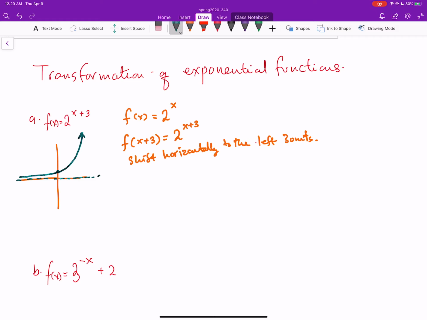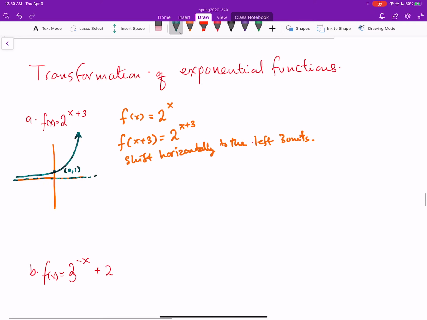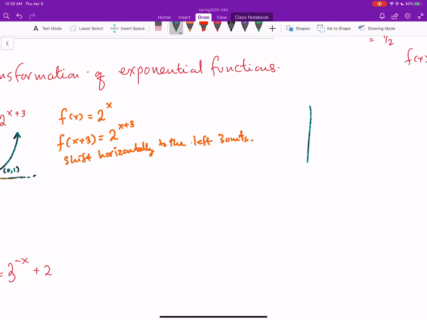So if that is the case, and I'm saying shift this graph 3 places to the left, the only point that I have here is 0, 1. So when I shift 3 places to the left, the final graph is supposed to look like this.